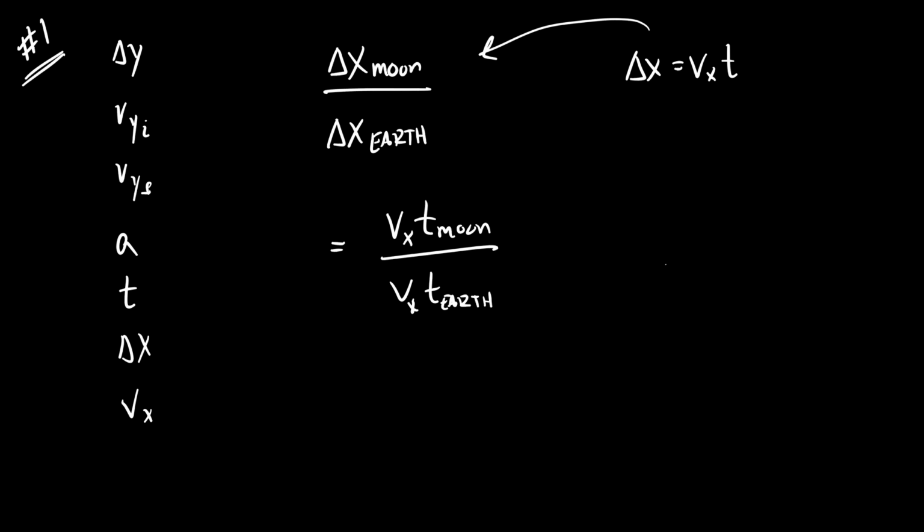Does that make sense to all of you? Now they asked me in the second part to compare this anyways, so we might as well compare them now, right? Because it looks to me like the distance the ball goes on the moon when compared to the Earth will be the same as how long the ball is in the air on the moon compared to the Earth. Any question about this yet?